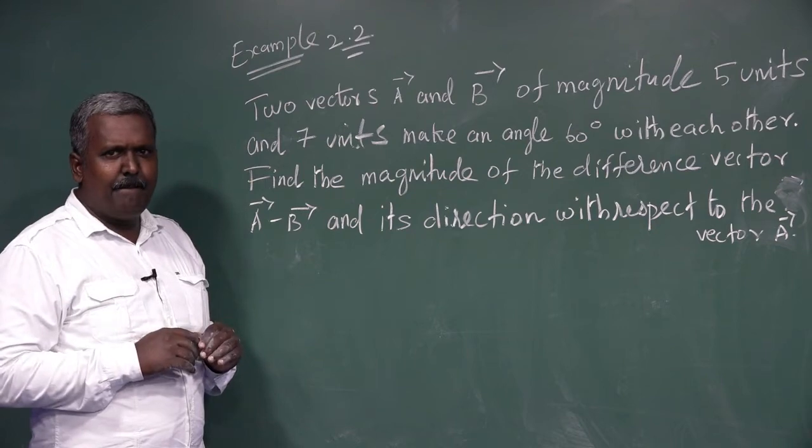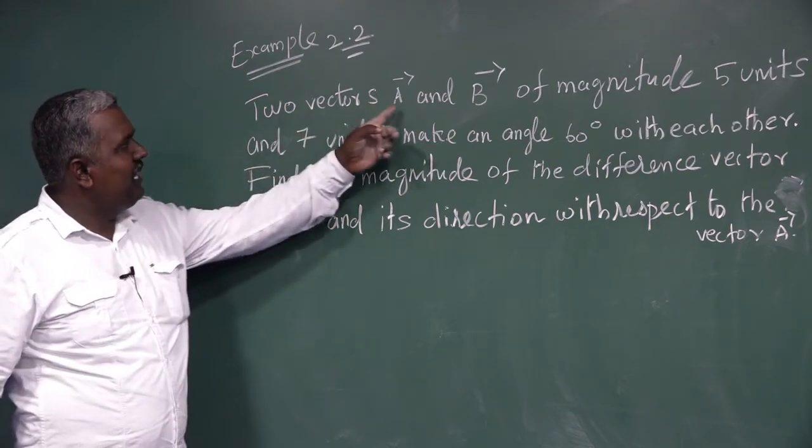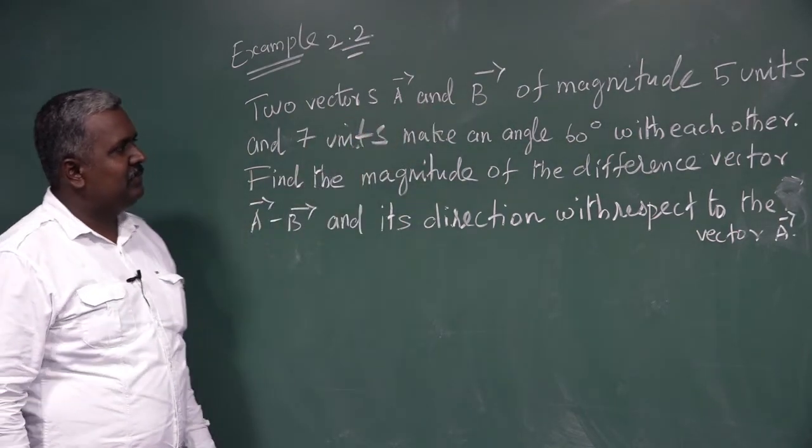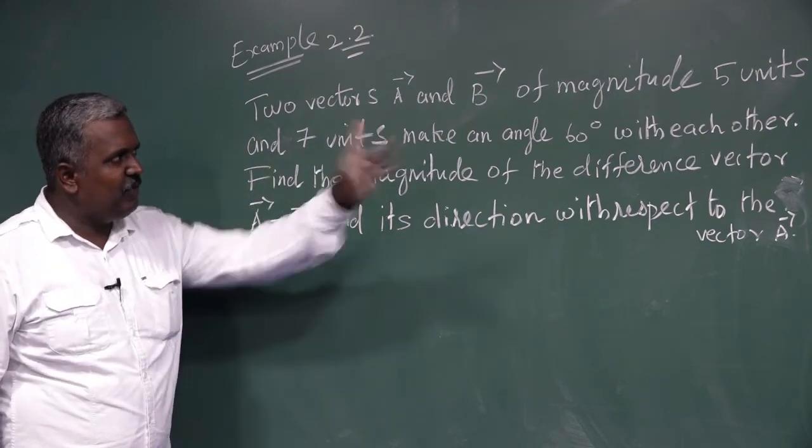Two vectors, A vector and B vector, of magnitude, here given, 5 units.